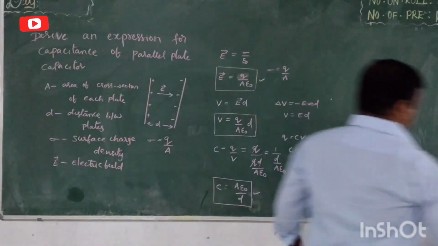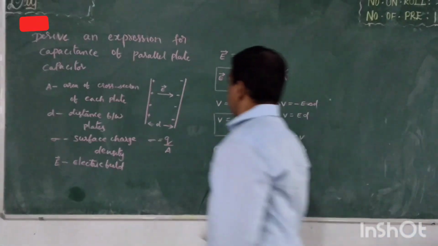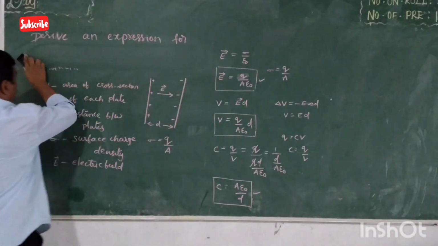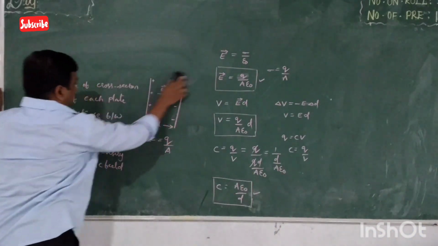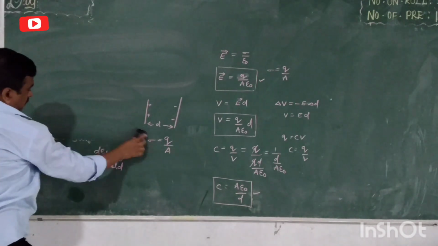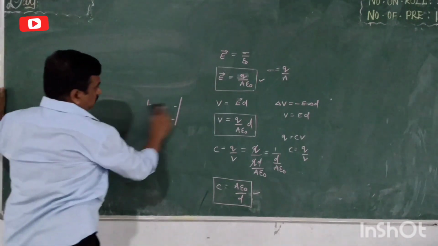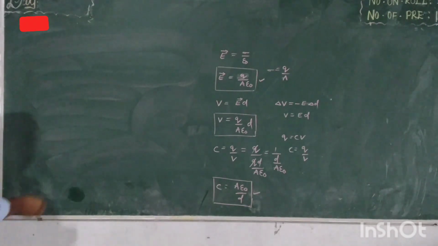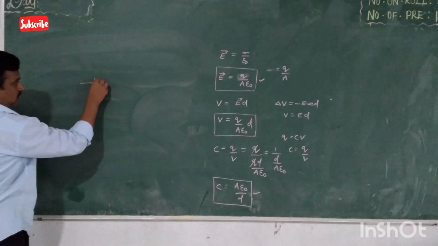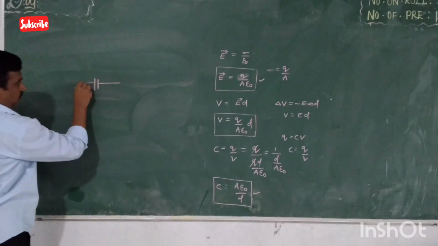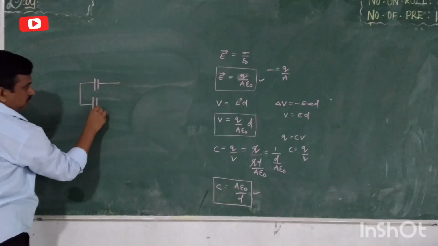Now we can do a problem for this. Find the equivalent capacitance of the network shown in the figure. I will show one network here. This is a capacitor, and one more capacitor is here.